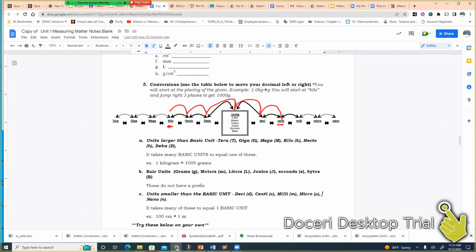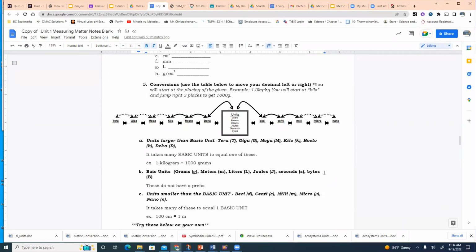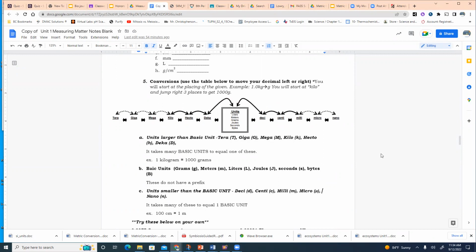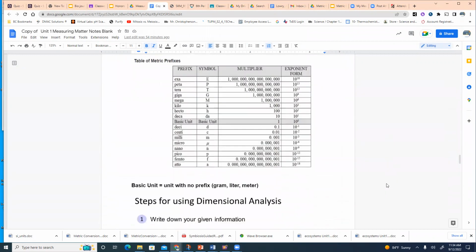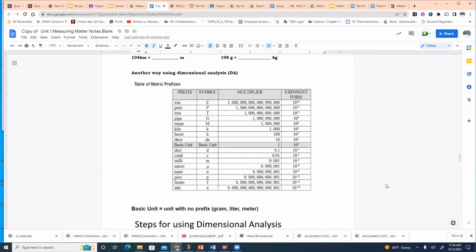Okay. So now I'm going to show you another way to do it. It's called dimensional analysis. And we use dimensional analysis a lot during this. I love dimensional analysis, but I'm like a nerd. So this is another way to look at the conversion or the prefixes.